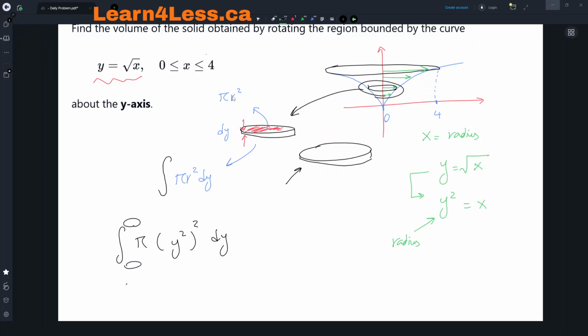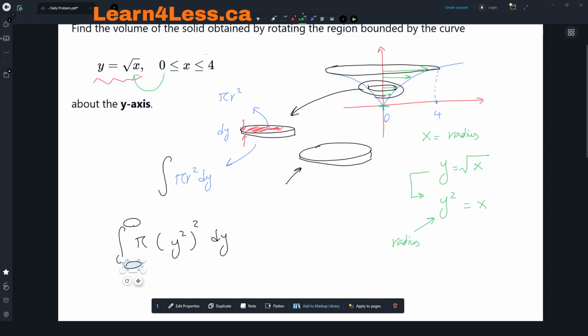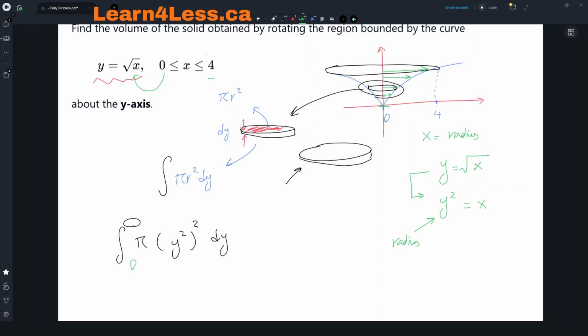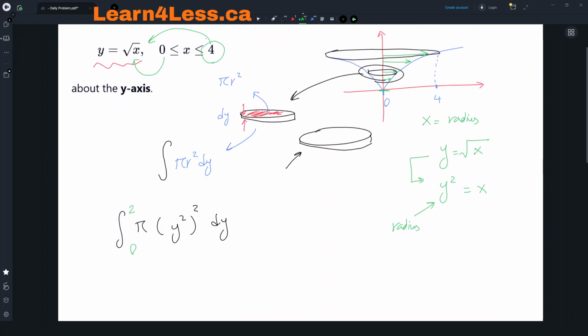These are supposed to be the y values, because you are taking the integral with respect to y. The lower bound would be this point, y0, and the upper bound would be this y. But what is that y? We get the y from the function. We plug in 0 here and get y equal to 0 as the lower bound. If I plug in the upper bound 4 into this function, I get the upper bound, which is 2. The square root of 4 is 2.